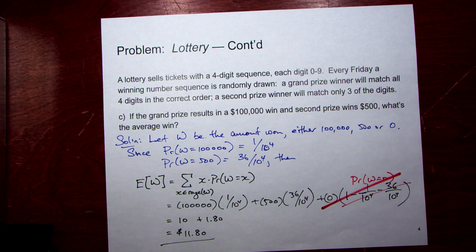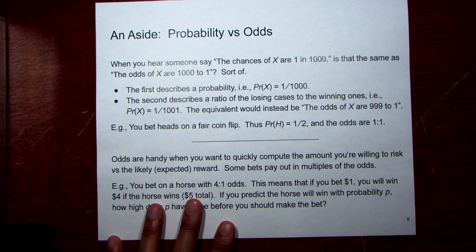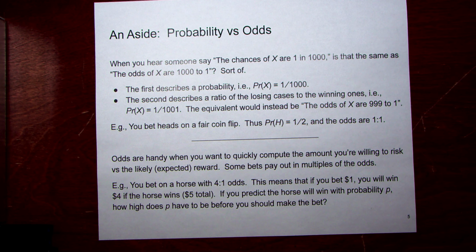Casinos make similar computations when they choose their games, and so I'm just going to talk a little bit about probability versus odds, because when you're in the gaming world, and some of you are, you hear about odds. And when people talk to you off the cuff, they might say one of 2 things.